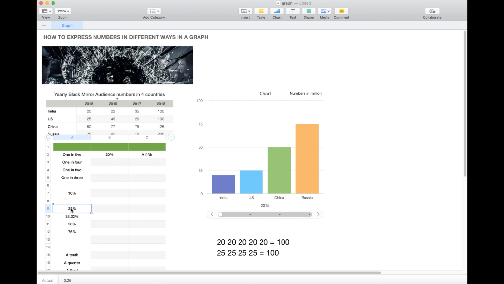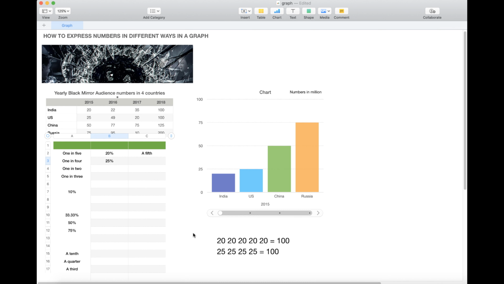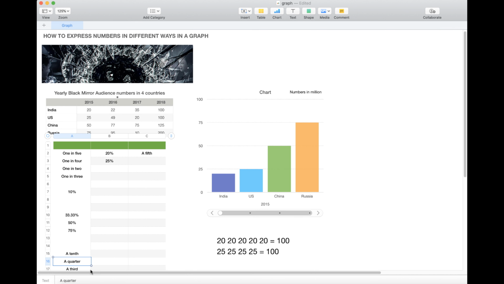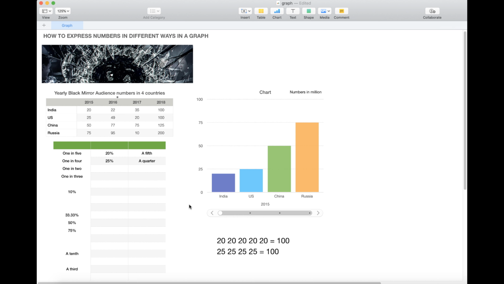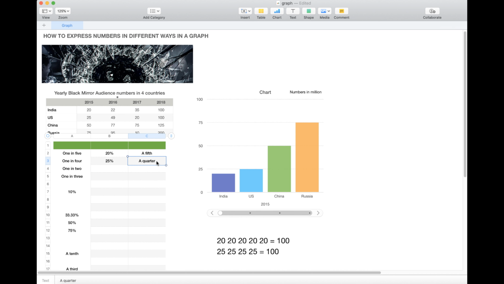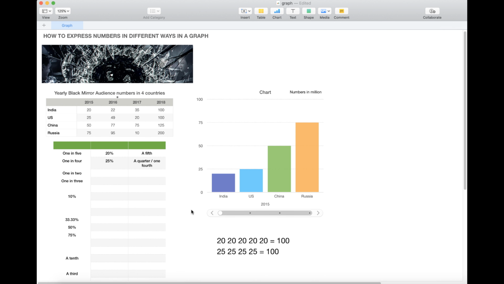Let's take that away, let's put it here. It's 25%. Or you could say a quarter. It's the exact same thing. Some people also say 1/4, but I prefer to say a quarter. It's all the same thing.